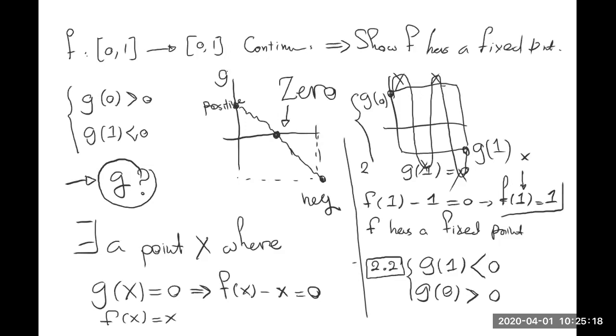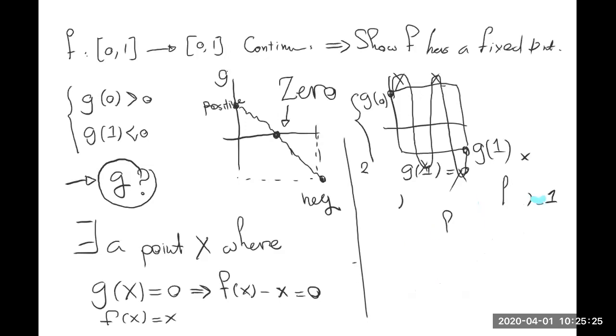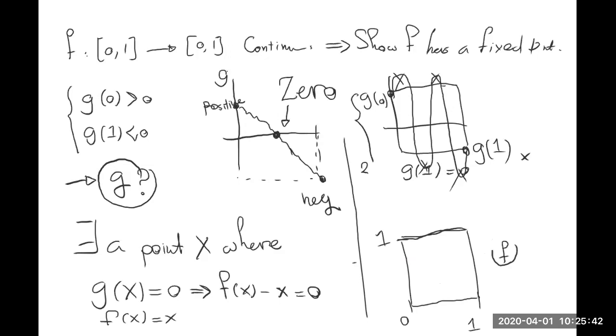Intuitively, if I draw the graph again, the function f is defined on the interval 0 to 1, with values in 0 to 1. If you look at the graph of f, it has a fixed point whenever it intersects the line y equals x.